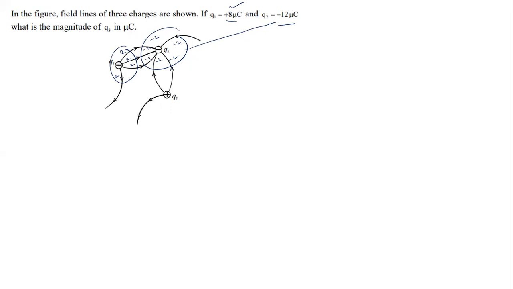So how many are coming to this one? So plus 2, plus 2, plus 2. Total 6 microcoulomb. So the field lines give the strength. The charge is proportional to the number of lines.